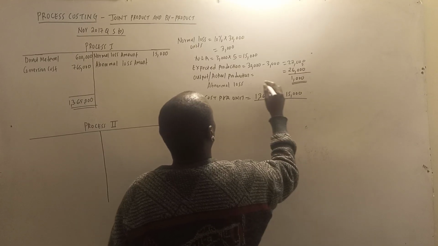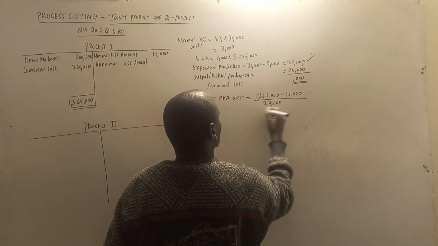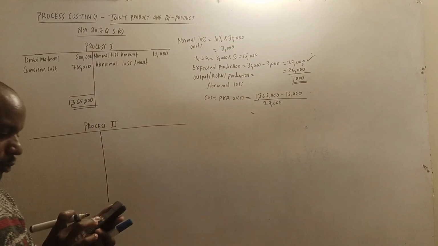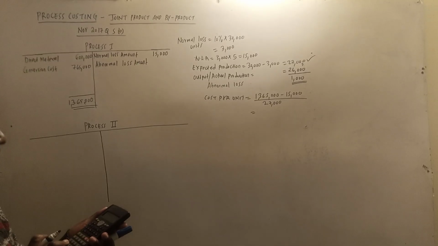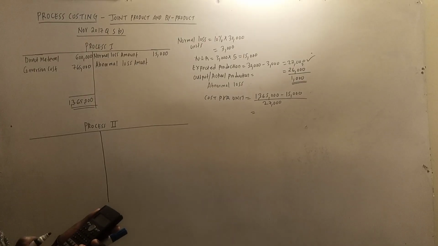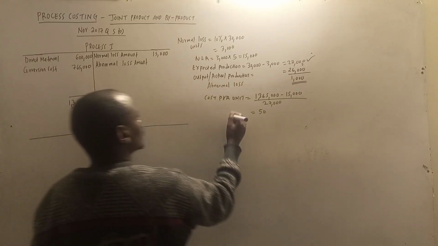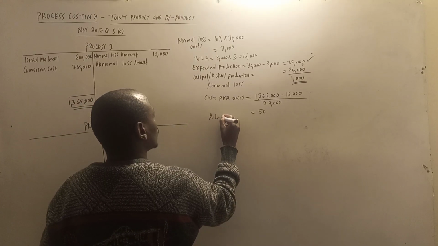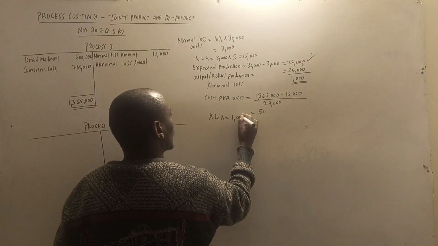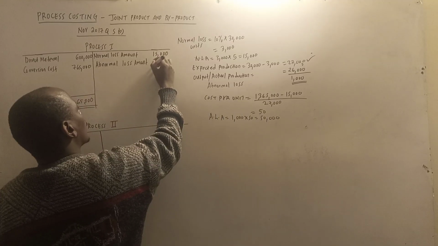We divide with the expected production, 27,000. So 1,365,000 minus 15,000 divided by 27,000 is 50. So our abnormal loss amount is units, which is 1,000 times 50, which is 50,000.